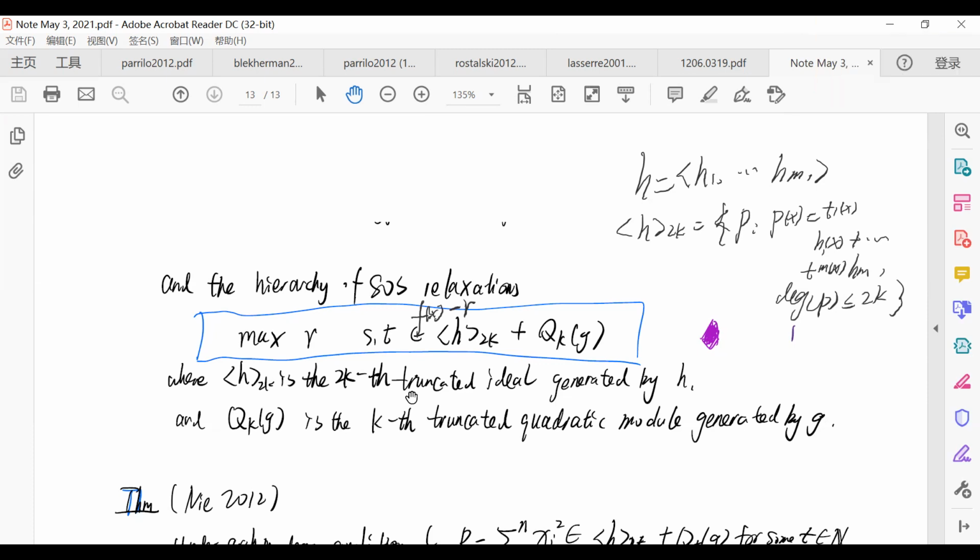That's true, but they're slightly different. I think this is the version of bounding the degree of the ideal, but previously, what I was talking about, I'm bounding the degree of the sum of squares.